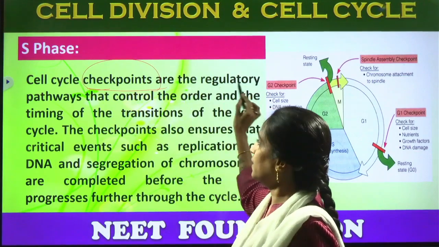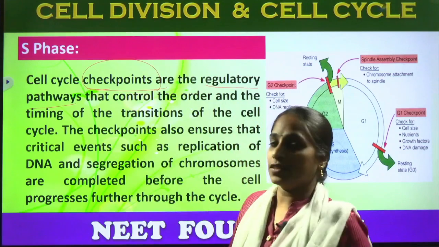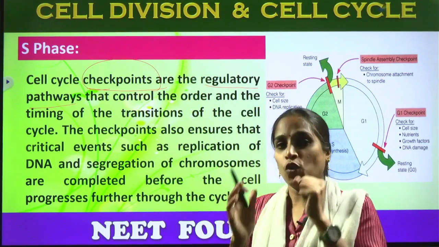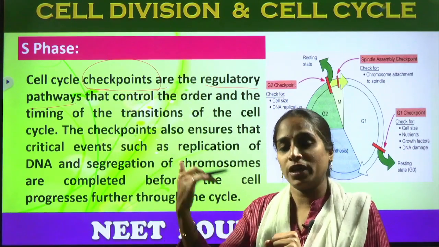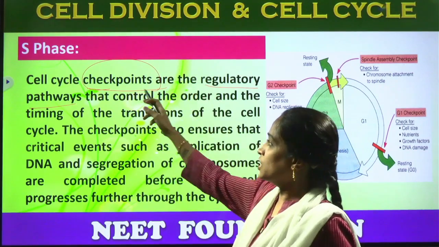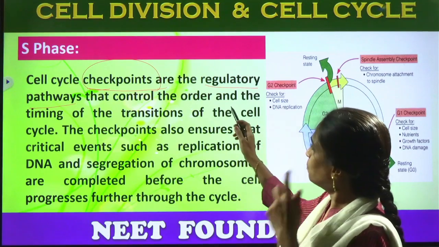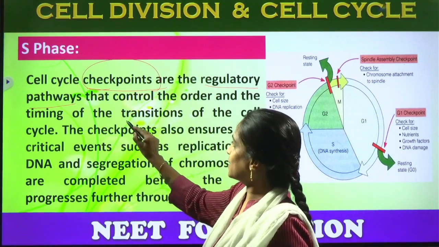So these are acting as a regulatory pathways. Regulatory in the sense controlling. So they have a capacity to control whatever the kind of event, even it might be the positive event or it might be the negative event, it is being controlled by the checkpoints which are seen in the S phase. So, and that controls the order and timing of the transitions.